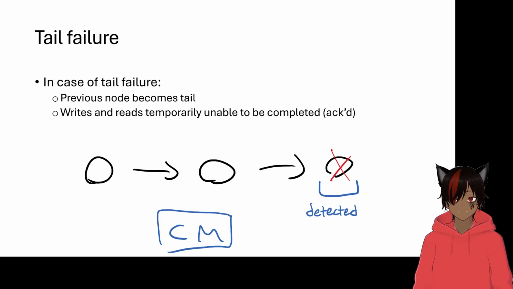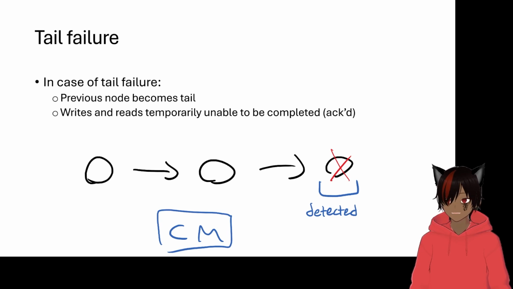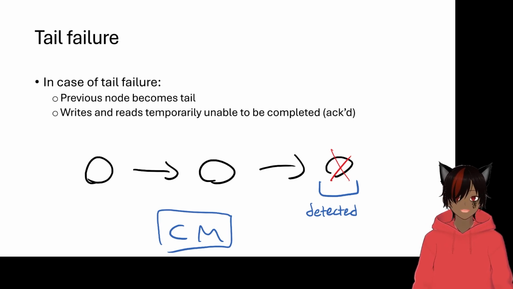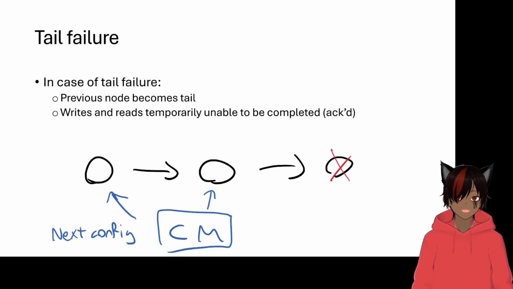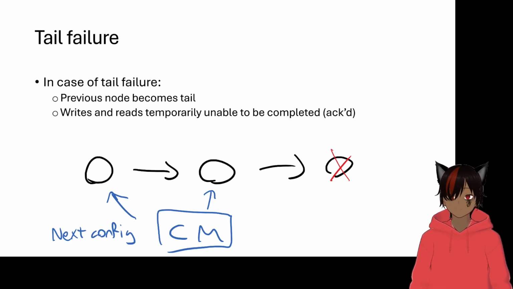With the tail failure, same thing, or similar thing. The tail failure is detected. The predecessor node is told, "Hey, you're the new tail." And an important thing to note, because of the tail's importance in chain replication, writes are not able to be completed, and reads aren't able to be completed.